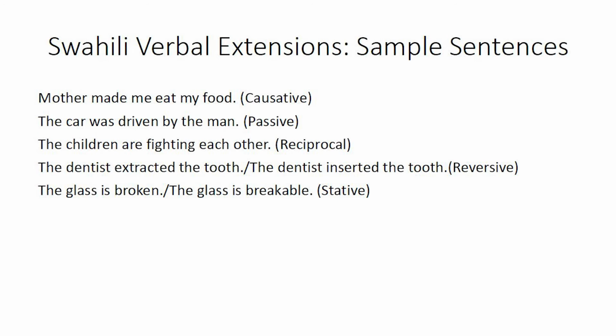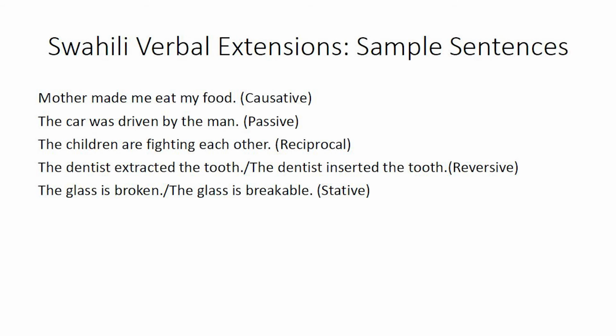I can think of a wonderful example. We talked about the Swahili word open, which is fungua. You notice that word is spelled fungua. Okay? But the reverse of open is to close.